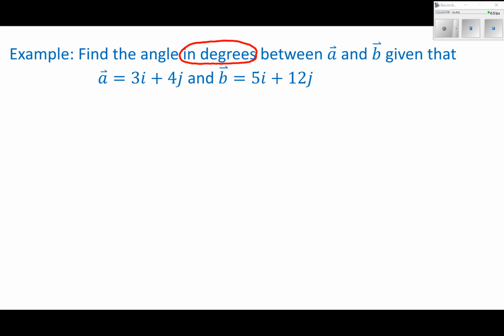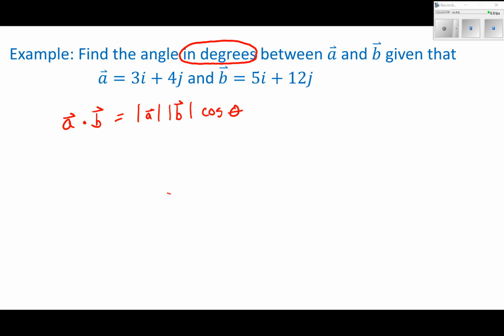Okay, so first off, we know that the dot product is going to be our vector A times vector B, and we can find that by doing the magnitude of A times the magnitude of vector B times cosine of theta.